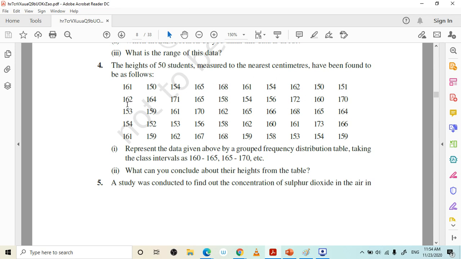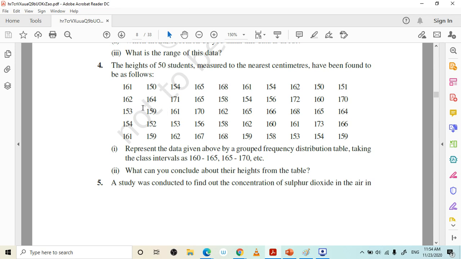So which is the smallest number, you tell me? Is there anything smaller than 150? I think 150 is the smallest here.